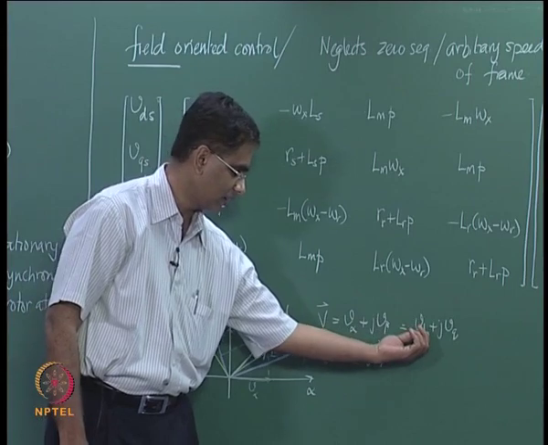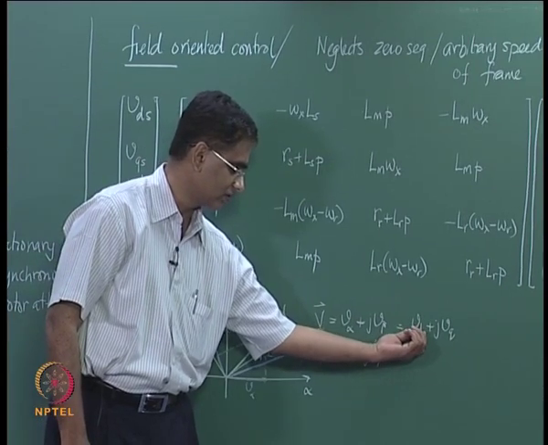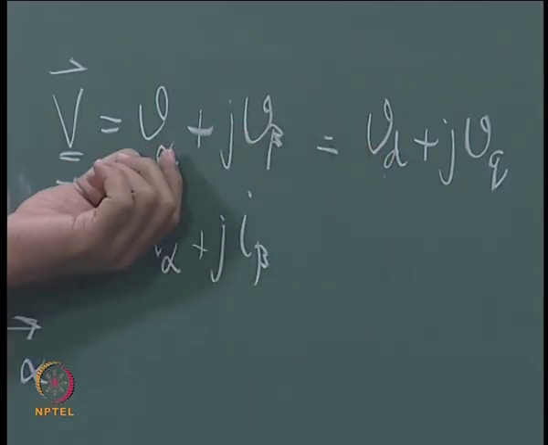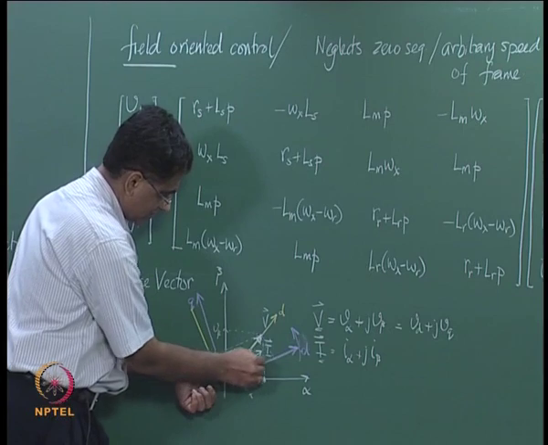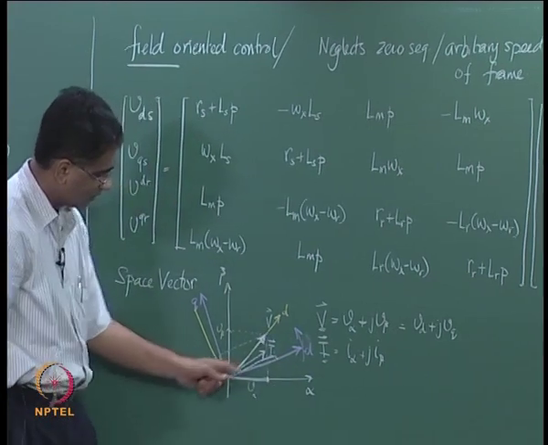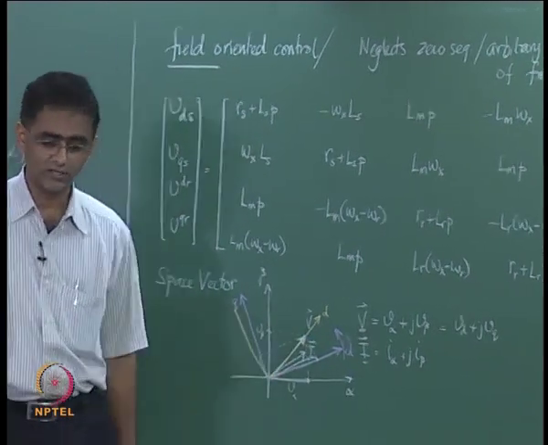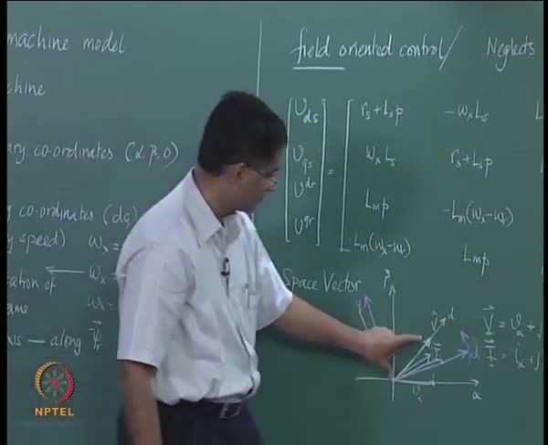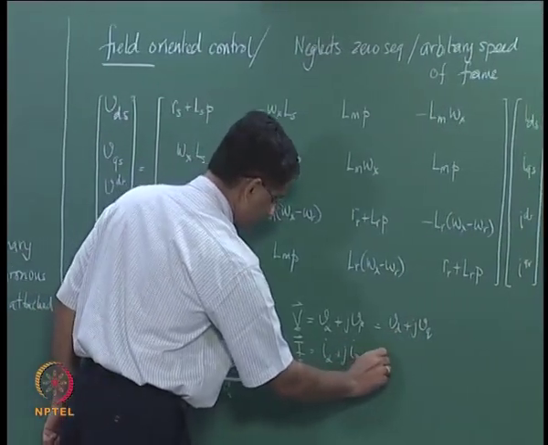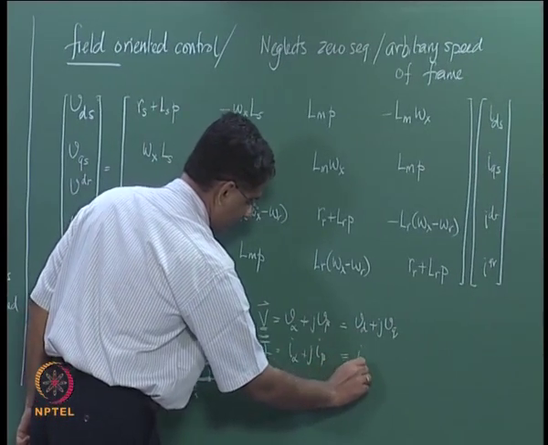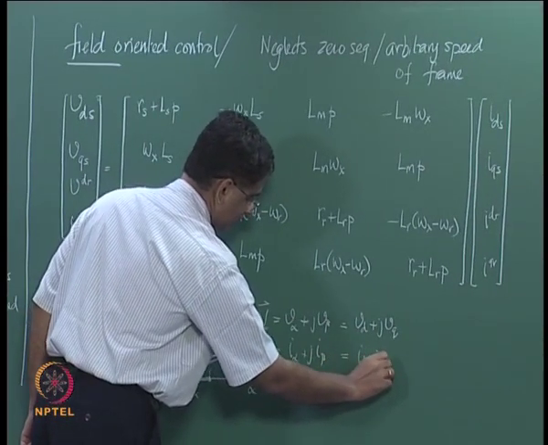The amplitude or the length of this Vd part is not the same as this, that is very clear. This is your V alpha, whereas this is Vd. Obviously the lengths are different, but however the space vector can still be written as Vd plus j Vq. Similarly this current can also be written as Id plus j Iq.